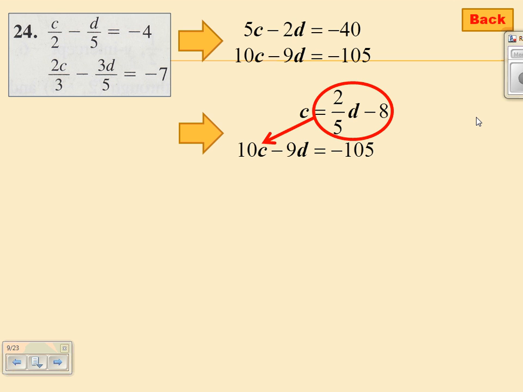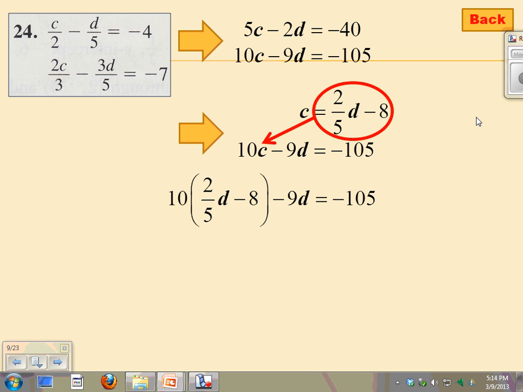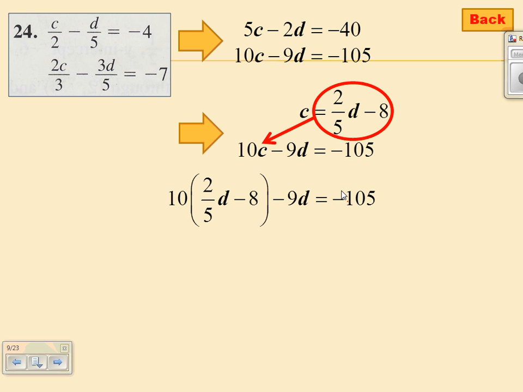I then substitute in 2/5 d minus 8 into the bottom equation for where c should be. I plug that in. And I get 10 times 2/5 d minus 8 minus 9d equals negative 105.